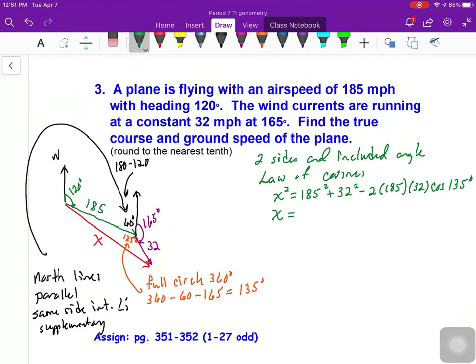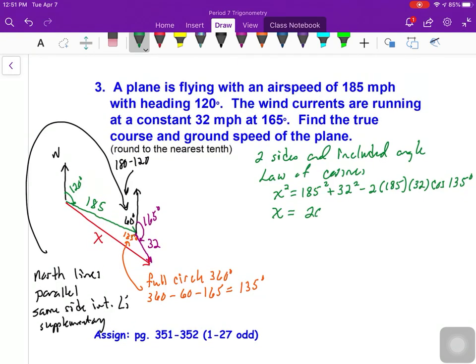And we're going to the nearest tenth. So, square root of 185 squared plus 32 squared minus 2 times 185 times 32 times cosine 135. To the nearest tenth, I get 208.9 miles per hour. That's called our ground speed.